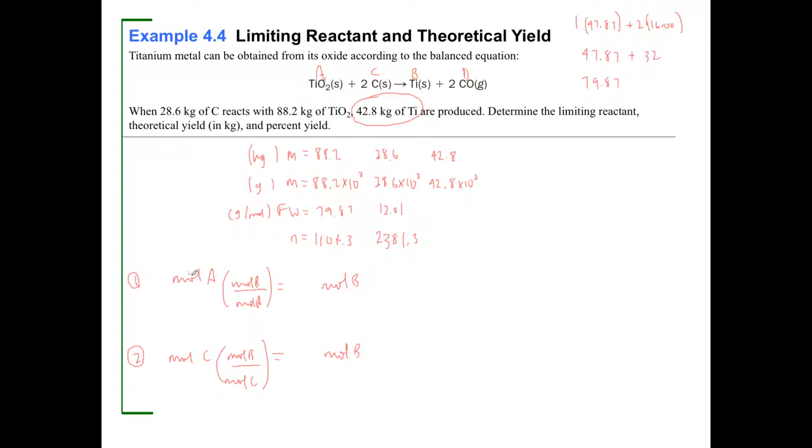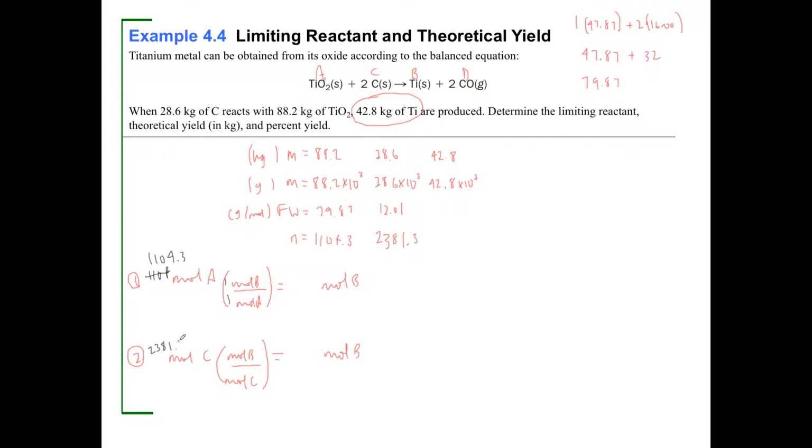All right, and what number goes right here? 1104.3. And what number goes right here? It looks like it's 1 to 1. Okay, what number goes here? How many moles of C am I starting out with?